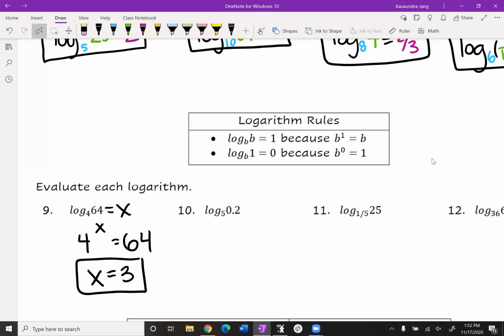I'm gonna make this equal an x again. So can you help me write this in exponential format? What's the base? Let's start with that. Nice, 5 raised to, what's the exponent?